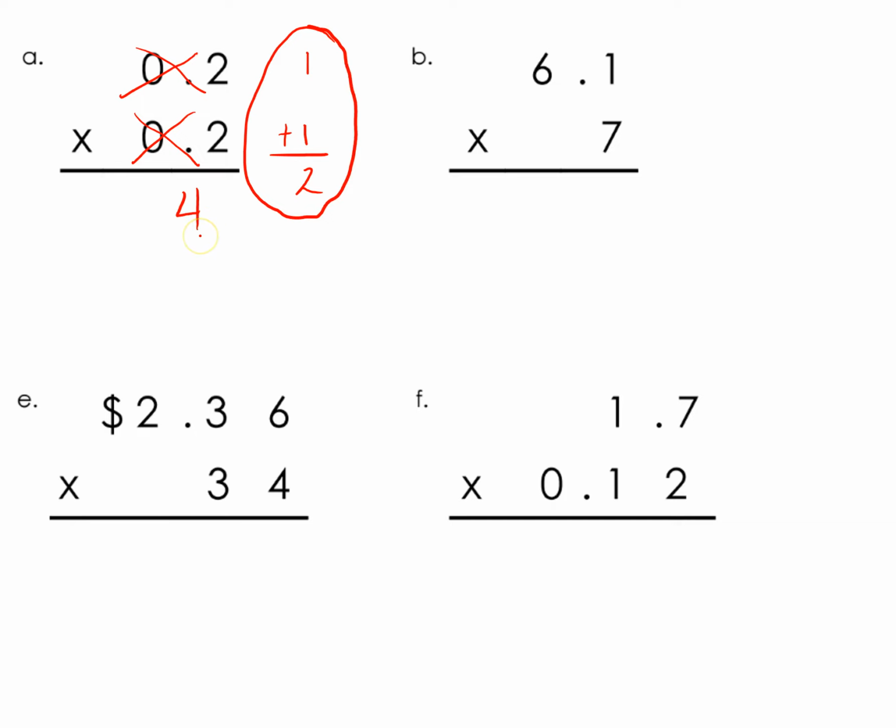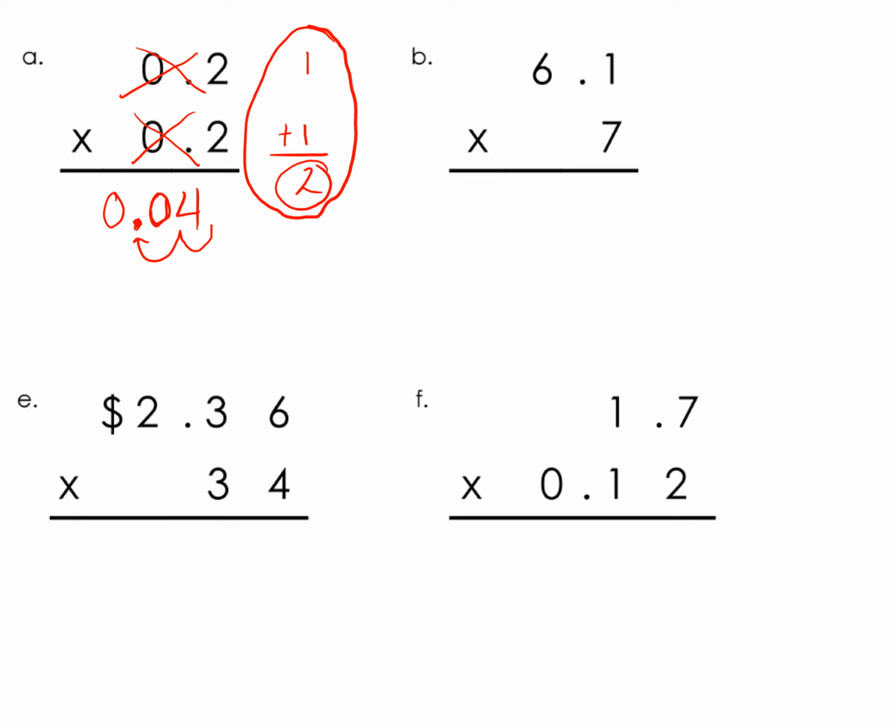So, excuse me, I need to move the decimal from this hidden spot over 2 places, 1, 2. And then in this blank spot, I can put a 0 placeholder. So my answer here is now 0.04. So this 2 told me I have to move the decimal over 2 places.